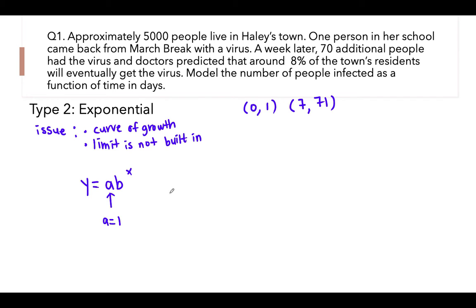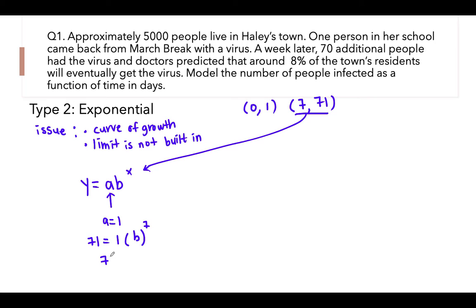And then what we could figure out is we could plug this point into the equation. So it will be 71 equals 1 times the base, which we don't know. That's what we're looking for. How much is it increasing by? To the power of 7. And then 71 divided by 1 is 71.